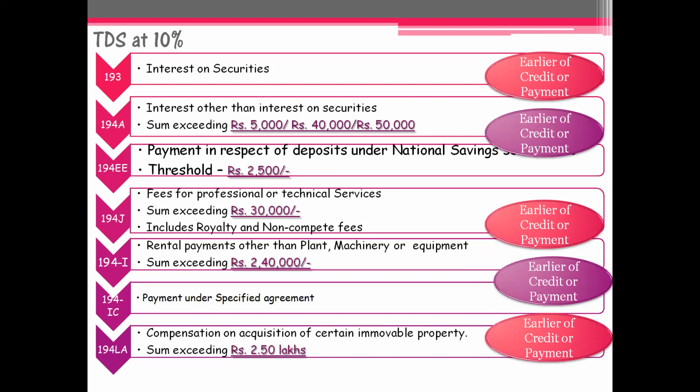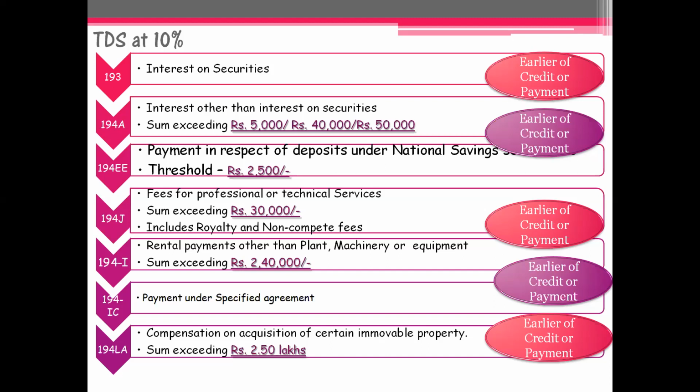The company agrees to pay him an amount of say a lakh or 2 lakh, either in monthly payments or a lump sum, so that he should not start the same line of business for the next 1 or 2 years. That is called non-compete fee. Even that is included in 194J.